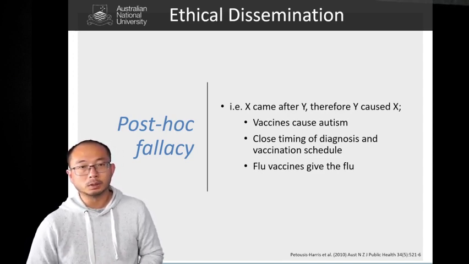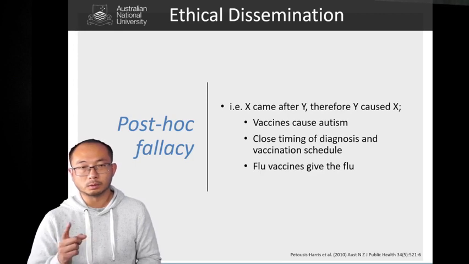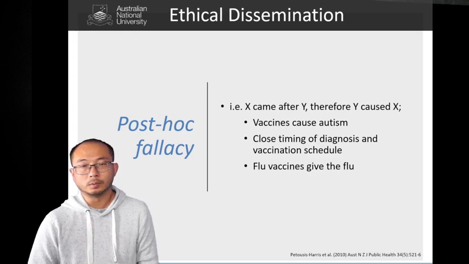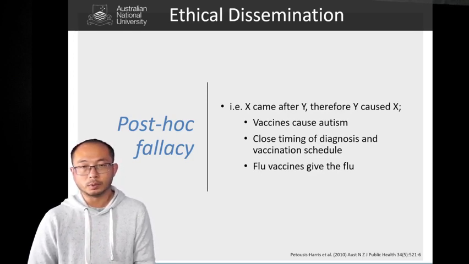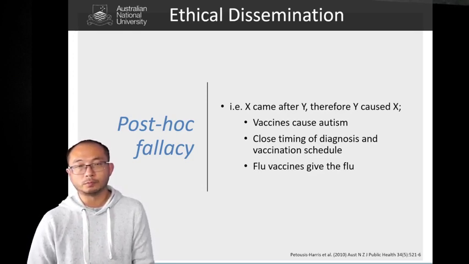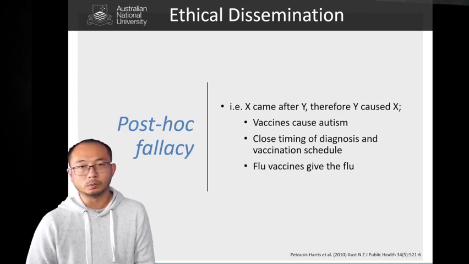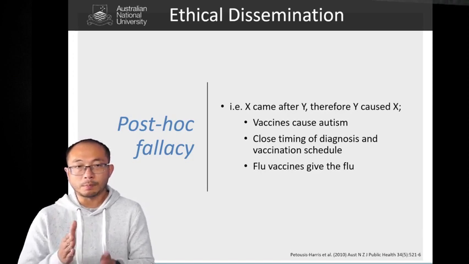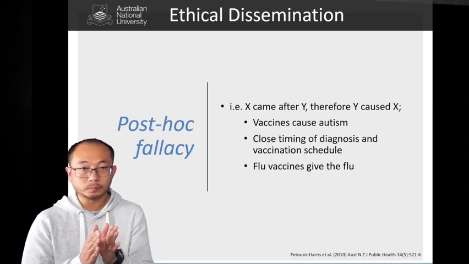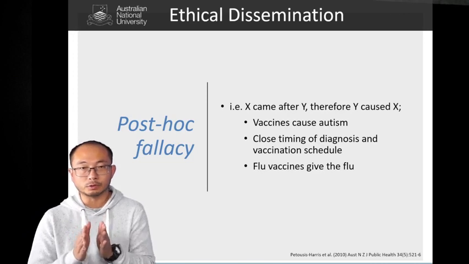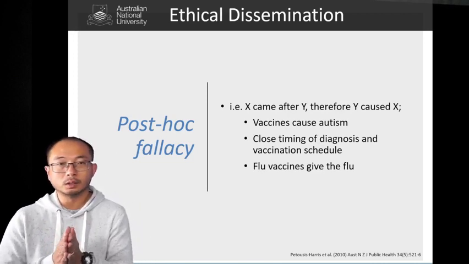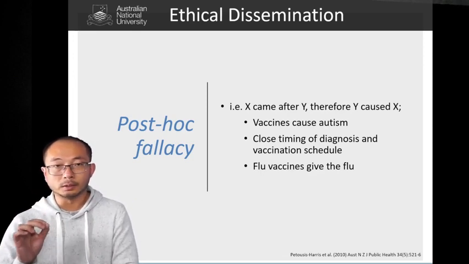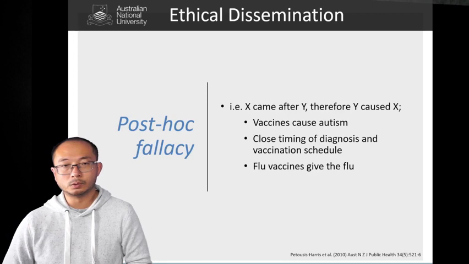When this happens, people tend to associate very closely timed events together, and that's why they jump to the conclusion that flu vaccines give the flu. So when two events happen very close together, and the conclusion drawn is that one causes the other without a clear mechanism explaining the link, that is post hoc fallacy.